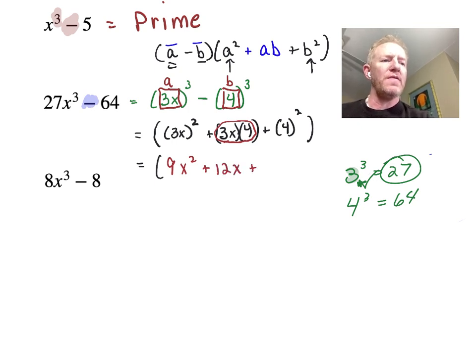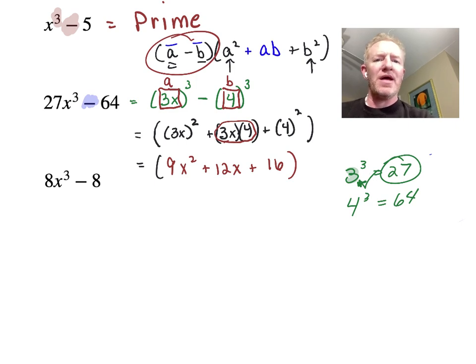And then I square the 4. 4 squared is 16. And I forgot, I got so excited, I forgot my a minus b at the very beginning. Let's squeeze him back in here. Can't believe I did that. Got my dog playing out in the hallway. So I do have to have out front here my a minus b. So my 3x minus 4.